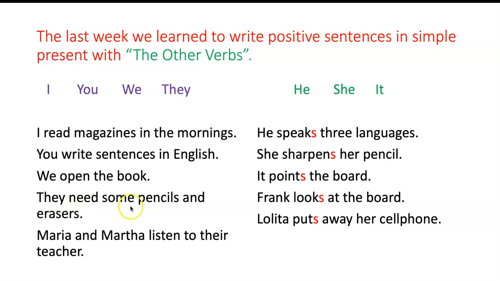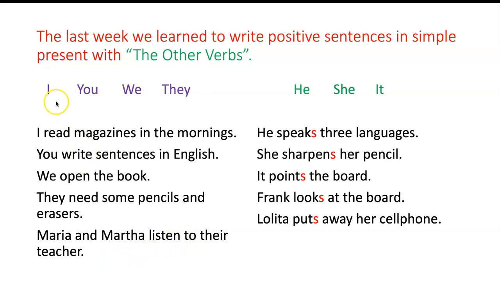They need some pencils and erasers. Maria and Marta listen to their teacher. Okay, so what you can notice here is that the verbs don't have the letter S. Look at this. No verb in these sentences has the letter S, okay?